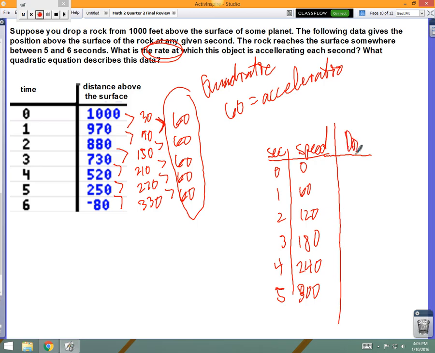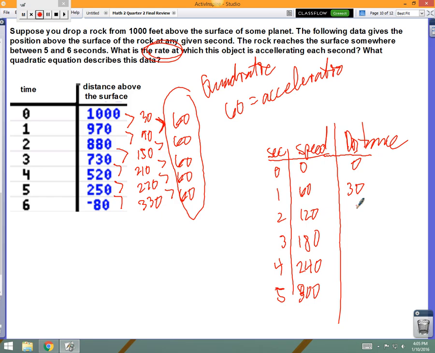Okay, now if you want to start looking at distance, check this out. Okay, so the distance traveled from the start to 1 second, the distance is going to be the average speed times 1. So the average speed from 0 to 60 is going to be 30. Now from the first to the second, the average speed is going to be 60 and 120.